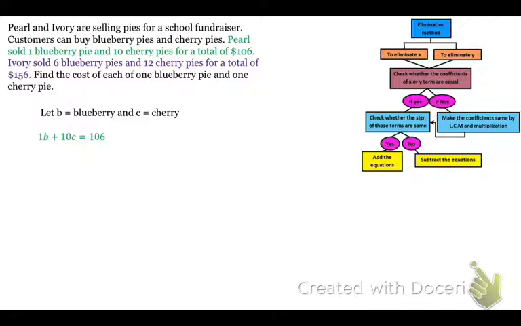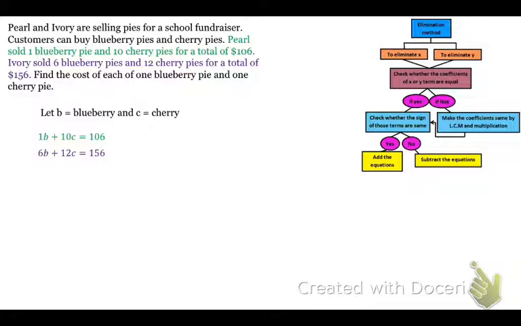And Ivory, why is that hard for me to say? Sold 6 blueberry pies and 12 cherry pies for $156. We want to find the total cost of each. So if Pearl sold 1 blueberry pie, that's 1B, plus 10 cherry pies, so plus 10C equals 106. Then Ivory sold 6 blueberry pies plus 12 cherry pies for a total of 156.